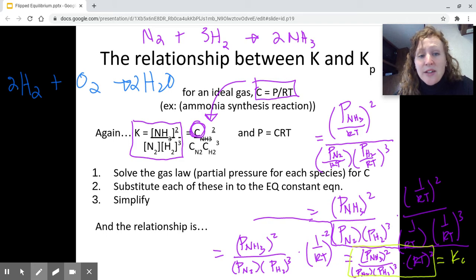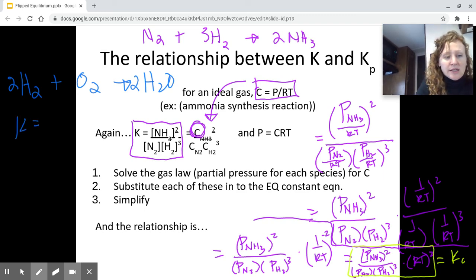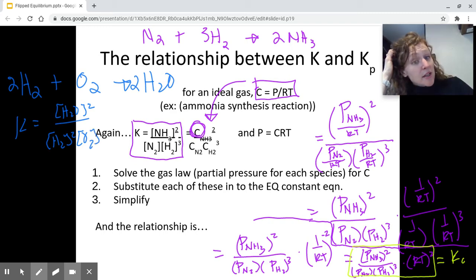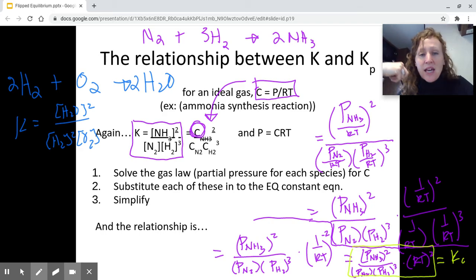I'm going to have a different law of mass action, right? My law of mass action is going to look like H2O squared over H2 squared times O2. Okay, so different reaction, different K expression.